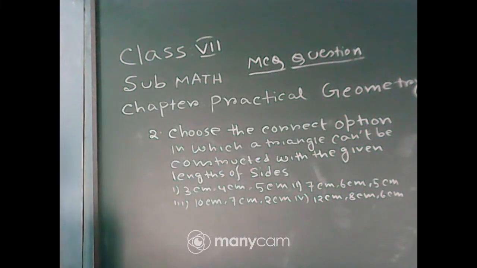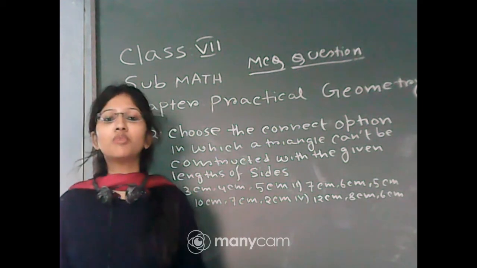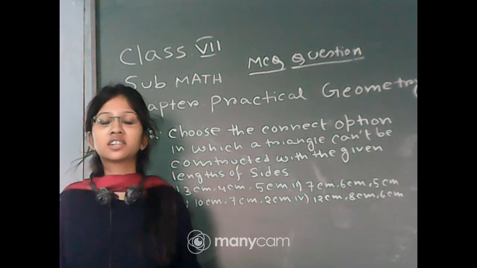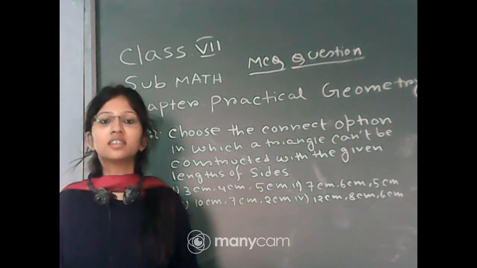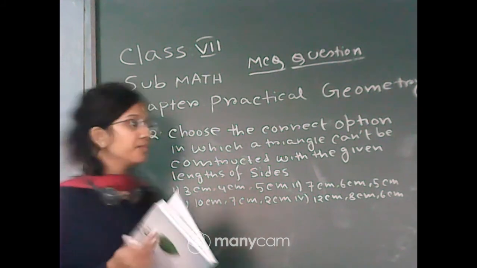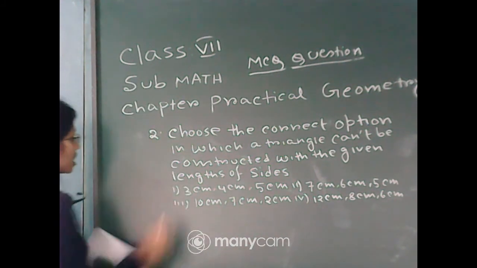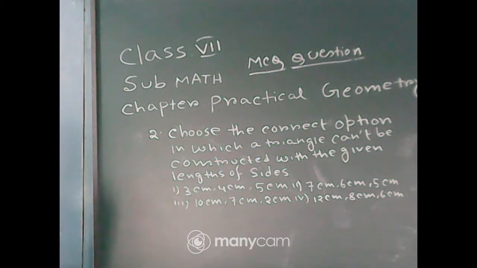Okay. We know that in a triangle the sum of the two sides is greater than the third side. Here 3 cm plus 4 cm, that is 7 cm, is greater than 5 cm.